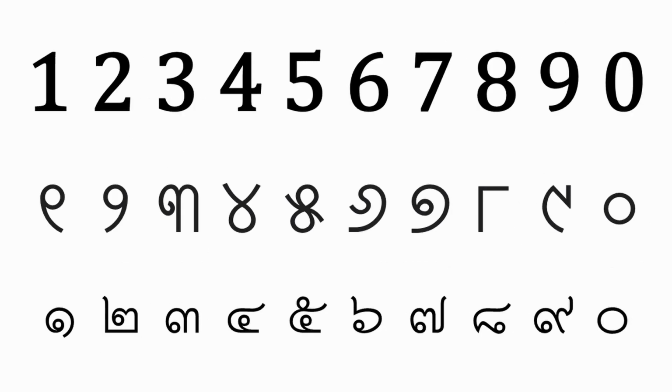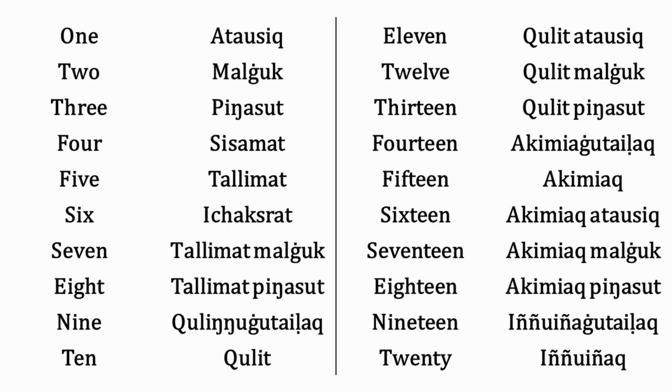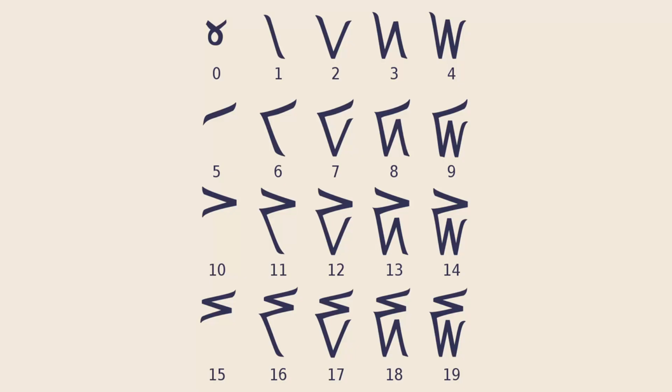Other written numeral systems do exist, and if they're used for non-base 10 languages, they'll generally be better at representing this automatically. The Inupiaq language, which we discussed earlier, has its own set of numeral symbols, known as Kaktovik numerals.